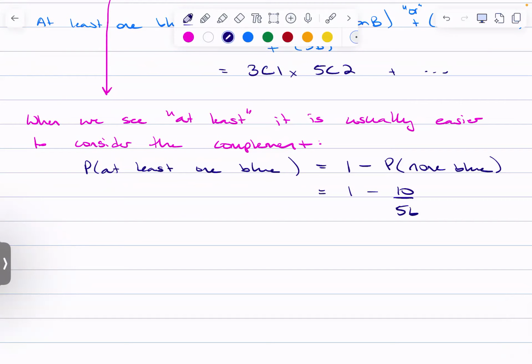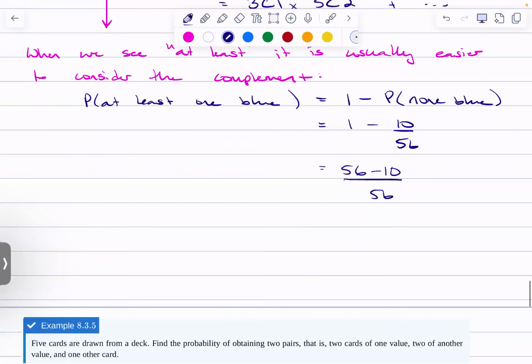Or if you're going to do kind of by hand calculations, you would multiply the 1 by 56 over 56, which is going to be 56 minus 10 all over 56, which is 46 over 56.